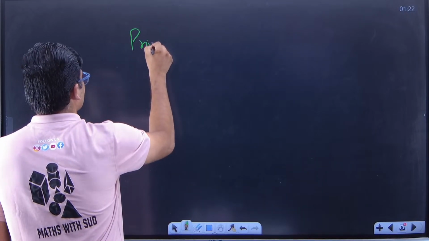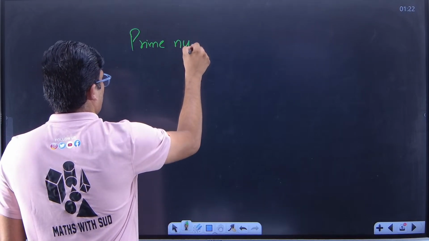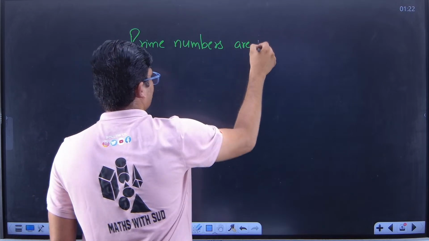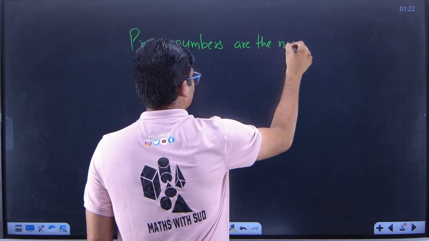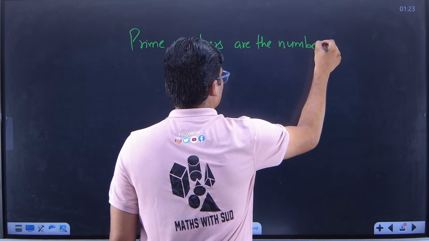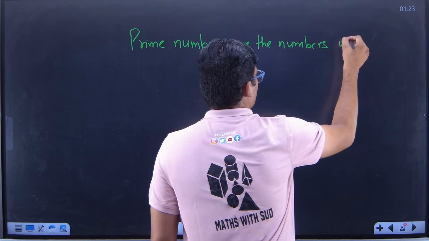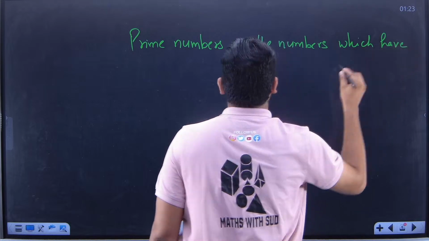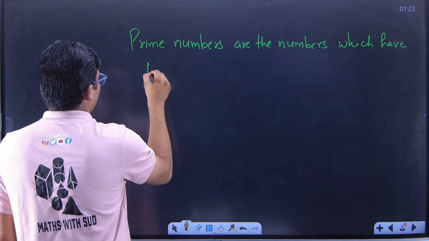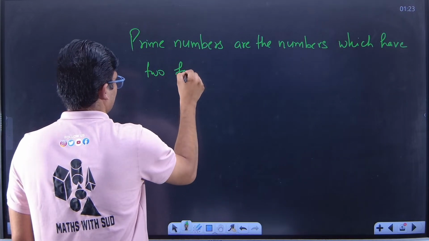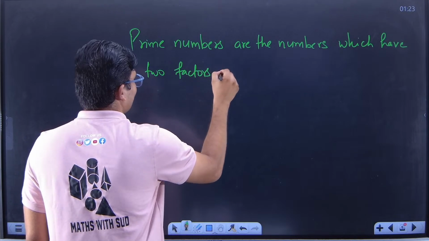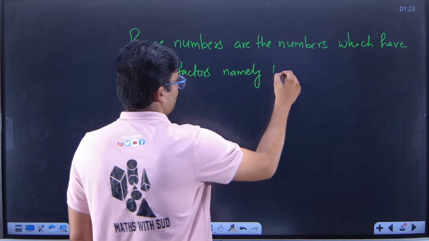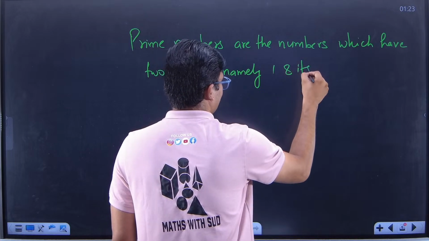Prime numbers are the numbers which have two factors. And what are the two factors? Namely 1 and itself.